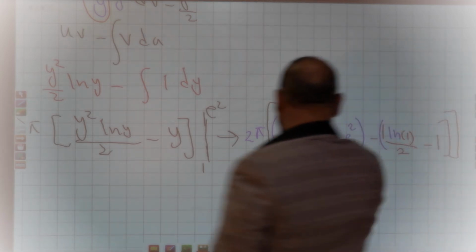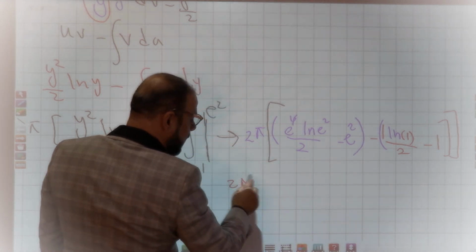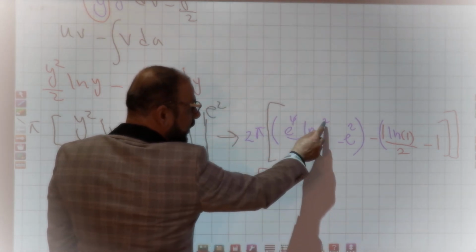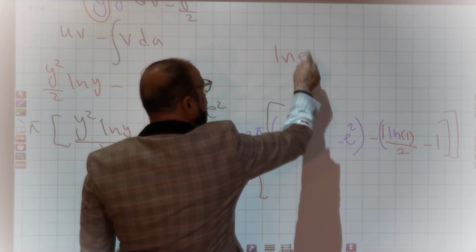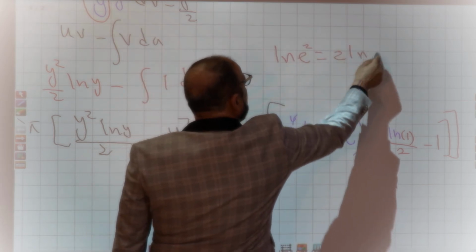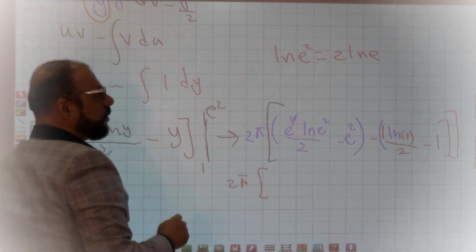Equals 2 pi. Here ln e squared equals 2 ln e, and ln e equals 1.